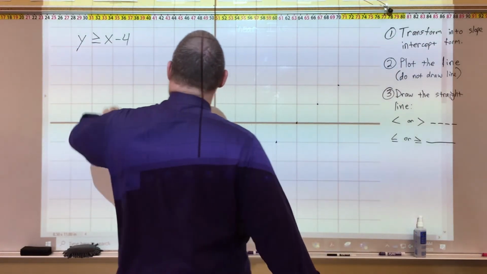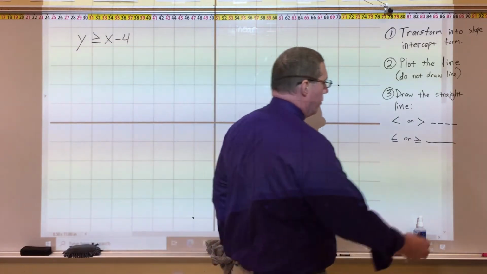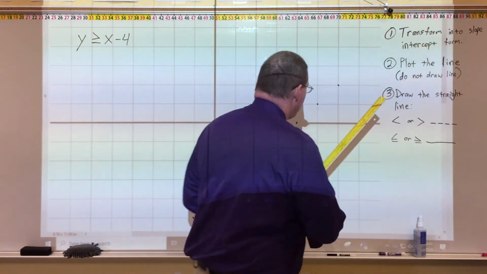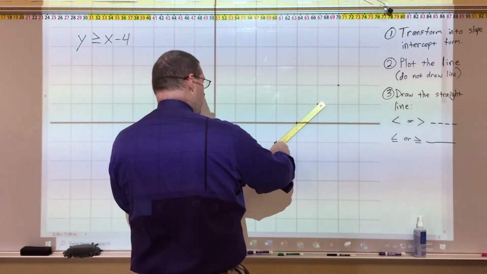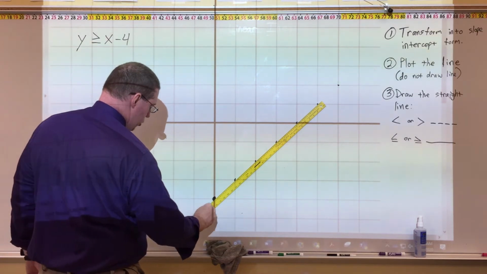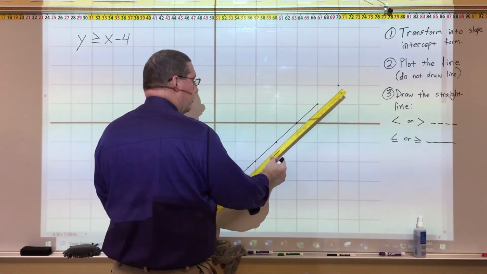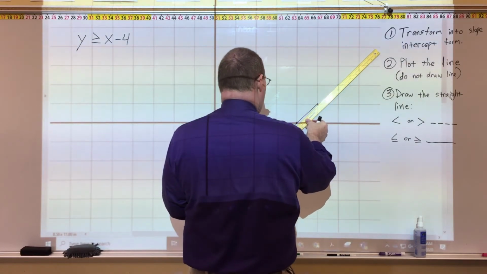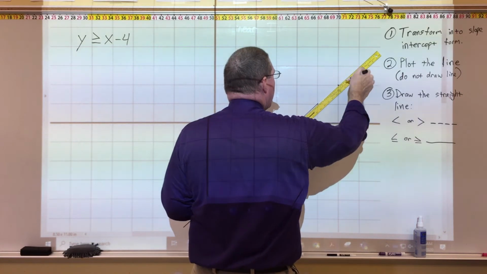Now, this is greater than or equal to, so we're going to draw a solid line through here. So I'm going to grab a ruler, or straight edge, whatever you want to call it. Down here, I'm going to line these up, and I'm going to draw a straight line, a solid line, all the way through these points. There we go.